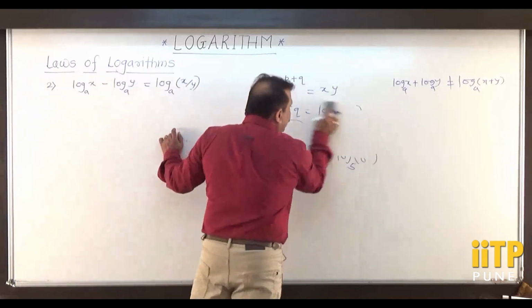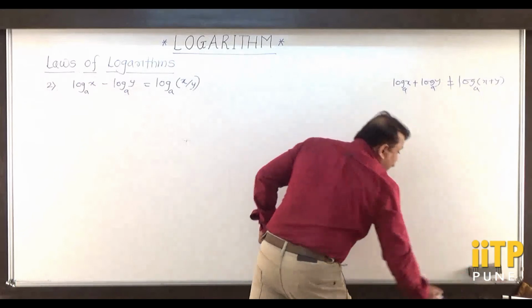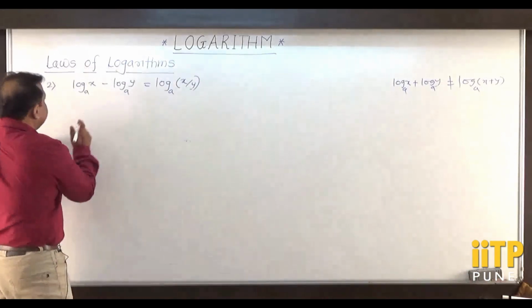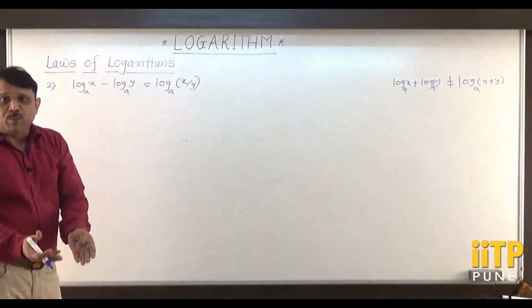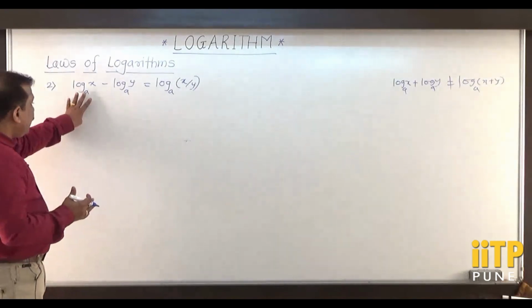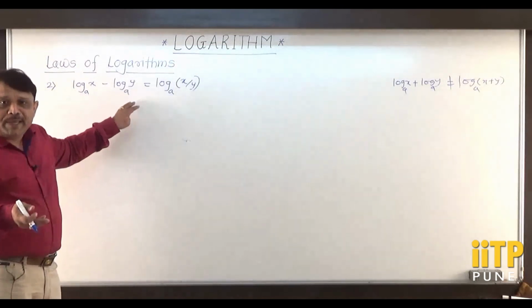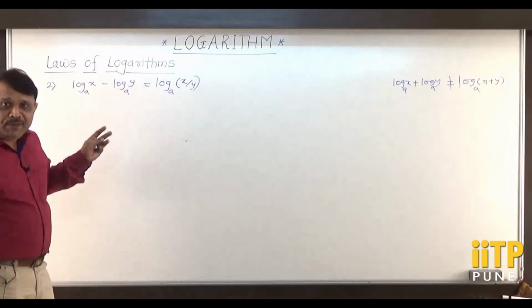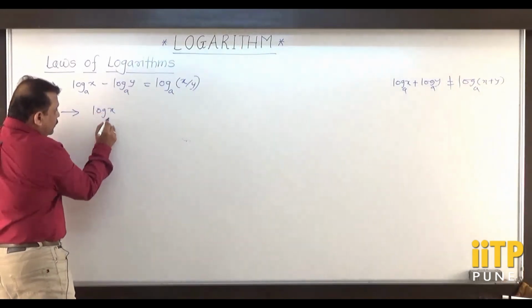The way I proved the previous one, number 1, in a similar manner I can prove the second one. In order to prove this, I had to go into what? Exponential. For that purpose, I called log x to the base a some p, and log y to the base a some q, and then we can work it out.